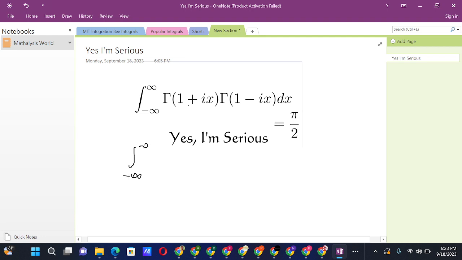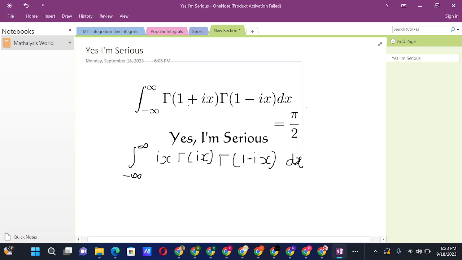Now for gamma of 1 plus ix, we know that gamma of 1 plus n is just n gamma of n, so this will be ix gamma of ix. Actually, iota would be more reasonable to pronounce than i. So it's times gamma of 1 minus ix dx.